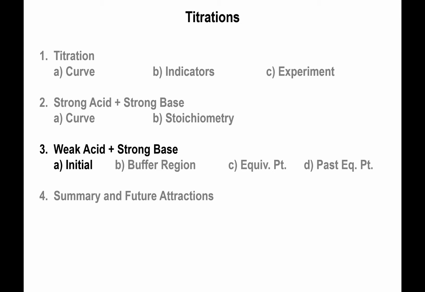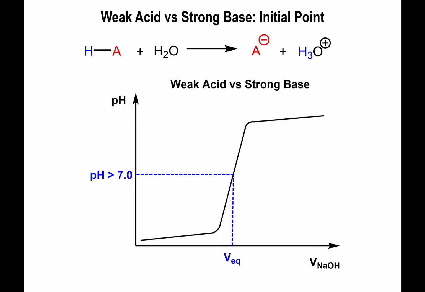How much less is going to depend on the initial concentration and the extent of the equilibrium constant of the weak acid. So when it comes down to finding the initial pH of the solution, which is the pH when you haven't added any sodium hydroxide, you basically are dealing with your typical ICE table problem.